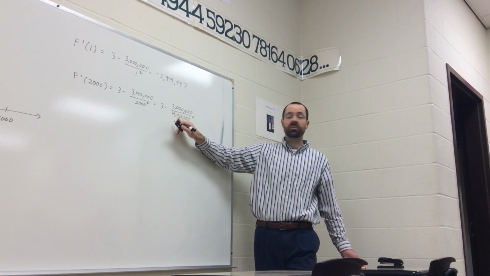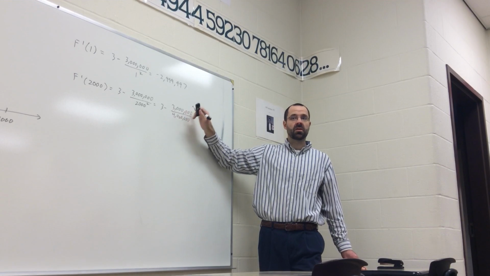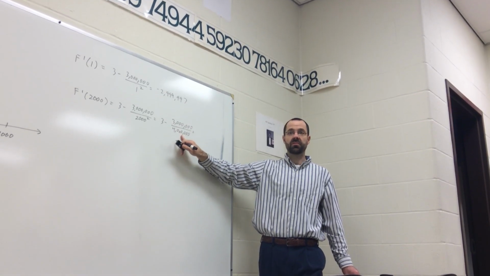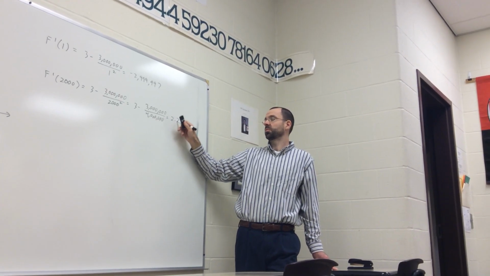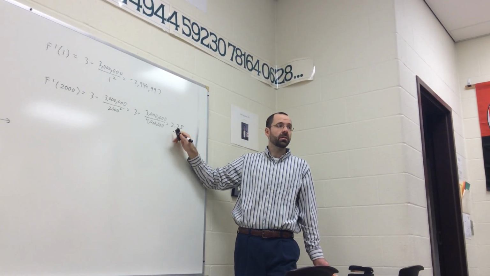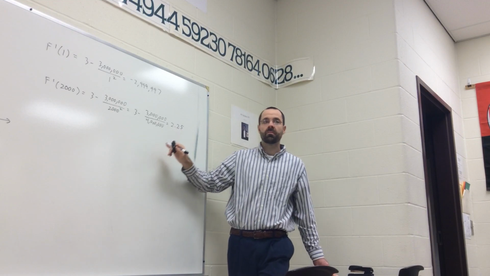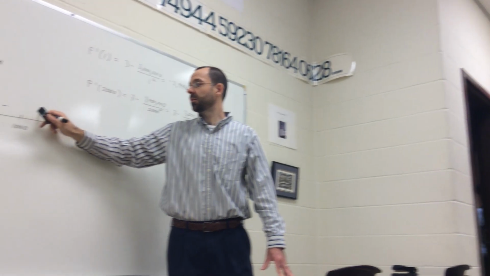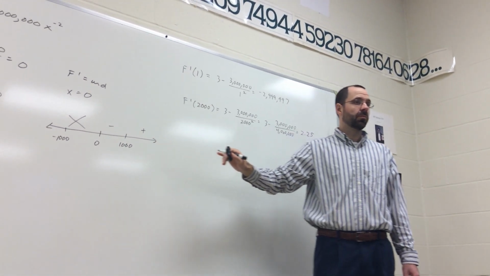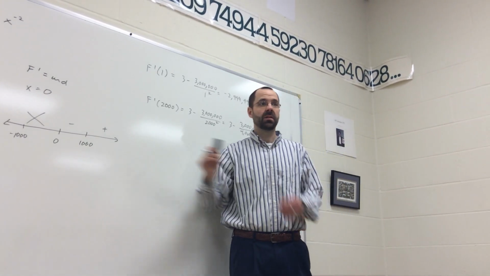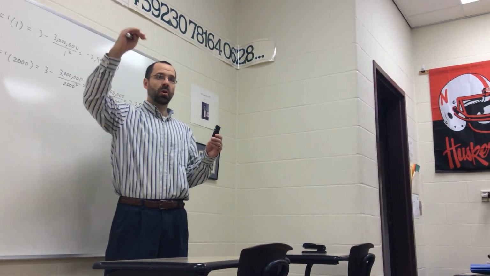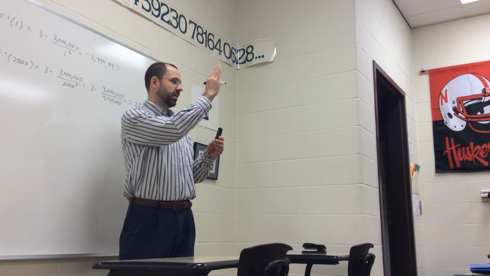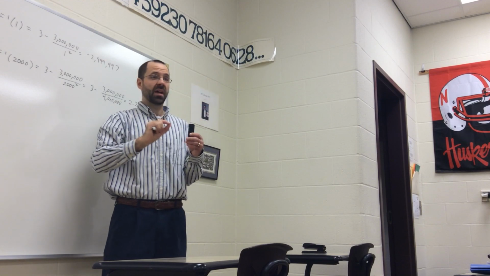So this is 3 minus 3/4. All the zeros would cross out, and that could reduce to 3/4. So it's 2 1/4. 2.25, which is positive. Okay, so as we suspected, the graph of f, the amount of fence graph, is going down, and then it's going up. And so that makes 1,000 a local min.